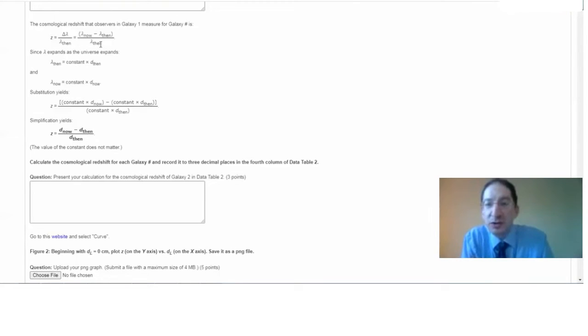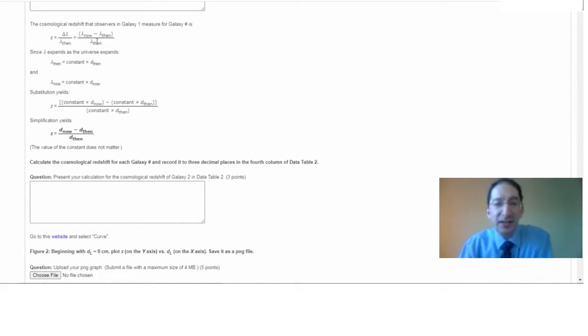In other words, wavelength is proportional to these distances that we're talking about. Wavelength then is proportional to distance then. Wavelength now is proportional to distance now, where proportional means equals to some constant times the distance.